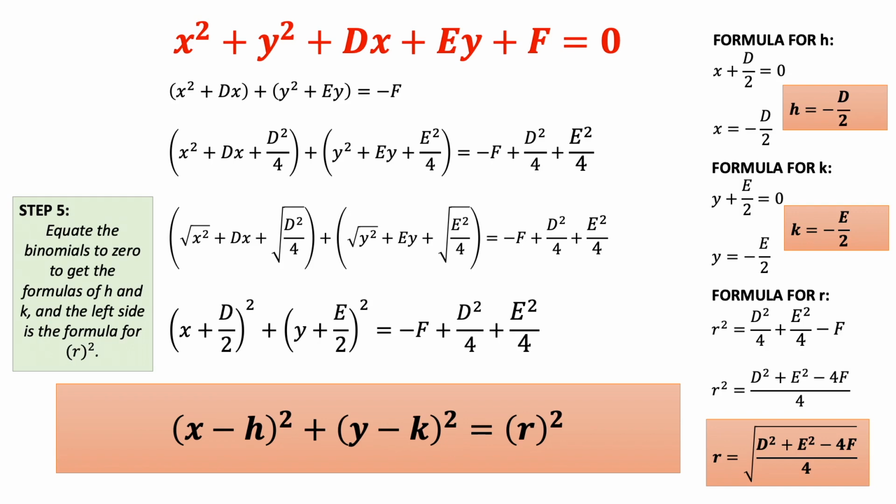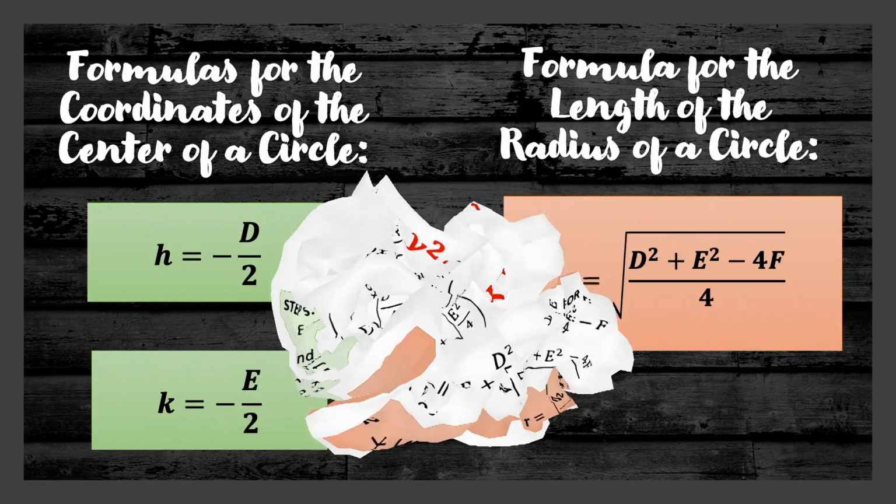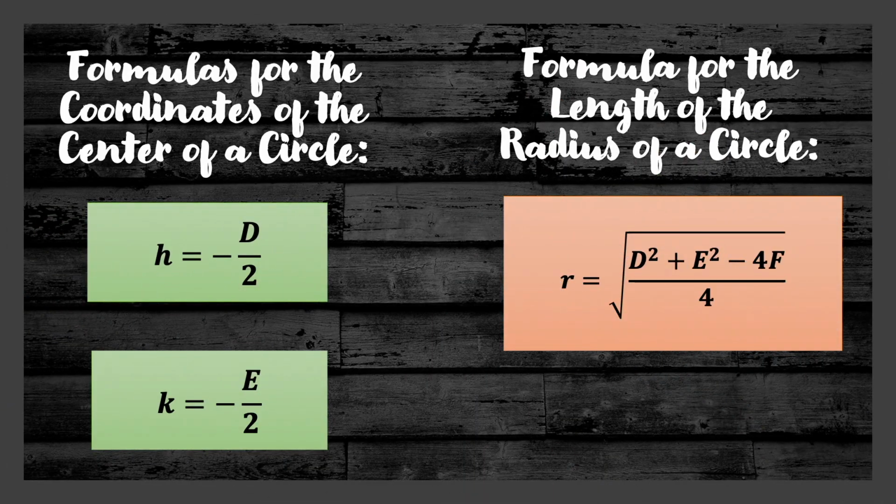You can further simplify this formula by getting the square root of the denominator, which will give you square root of d squared plus e squared minus 4f all over 2. So here are the formulas for h, k, and r, which we will use in the short method of converting general equation of a circle to its standard form.